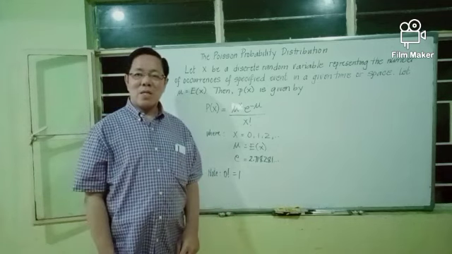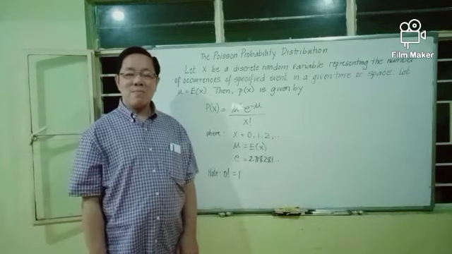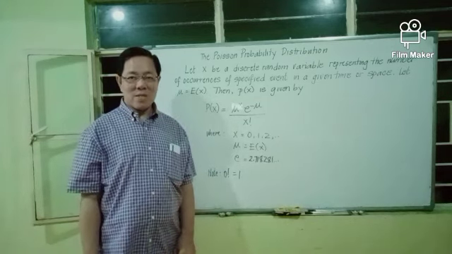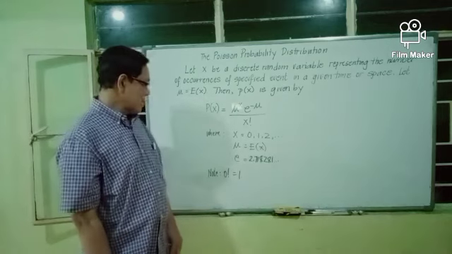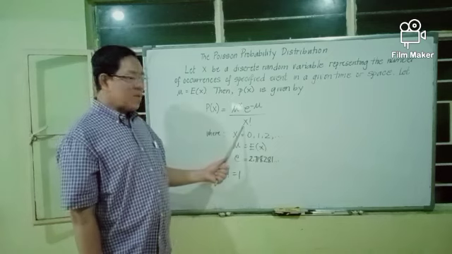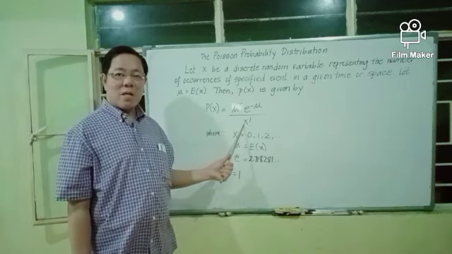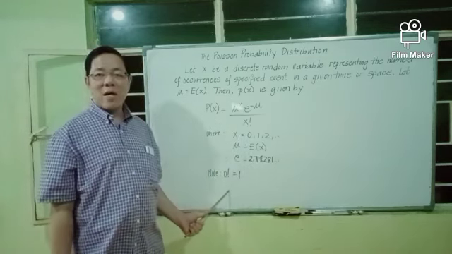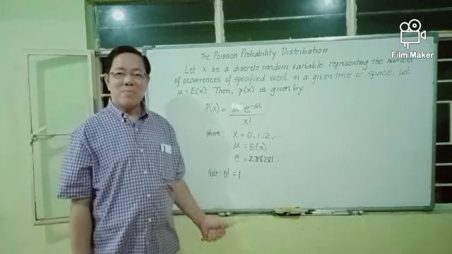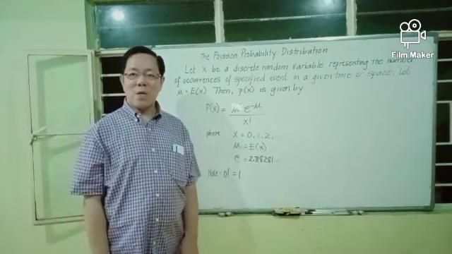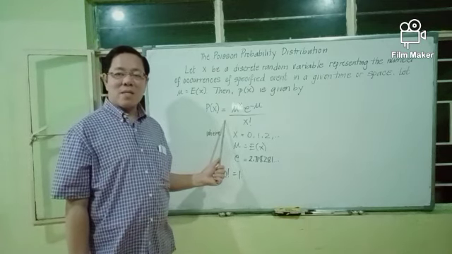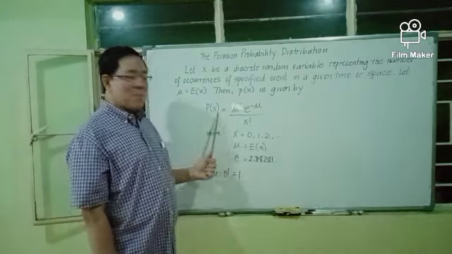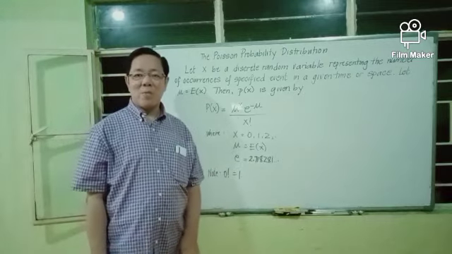And e is actually a non-terminating, non-repeating decimal number, which means that e is an irrational real number. And in the denominator, we have x factorial. When x is 0, we define 0 factorial as 1. We now take an example for applying this formula to calculate the probability of a specific value of discrete random variable x.